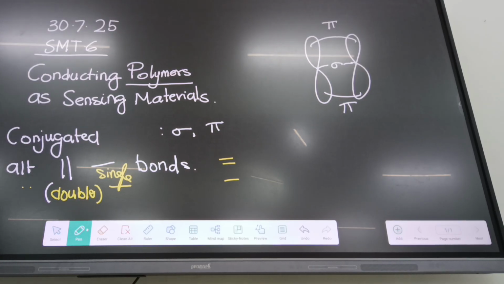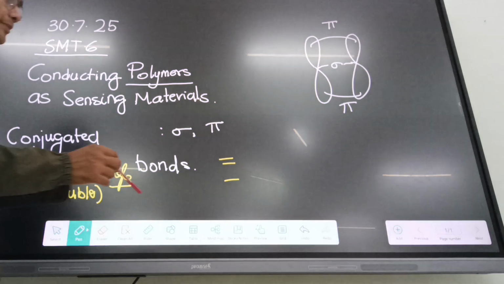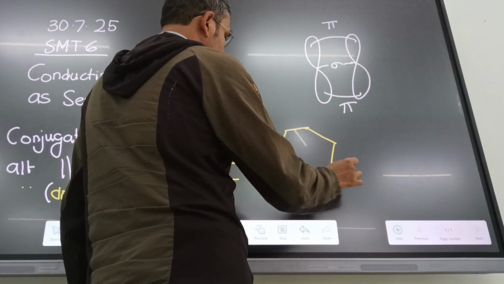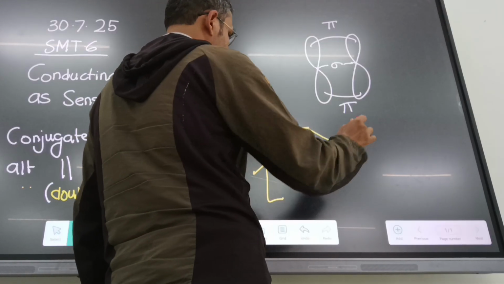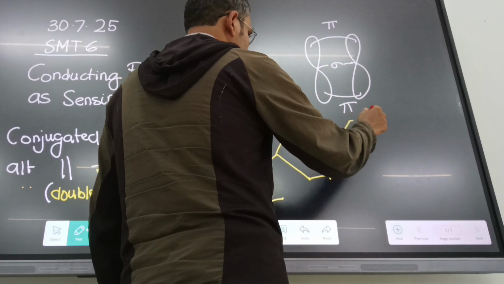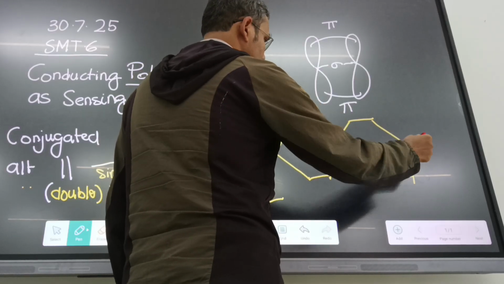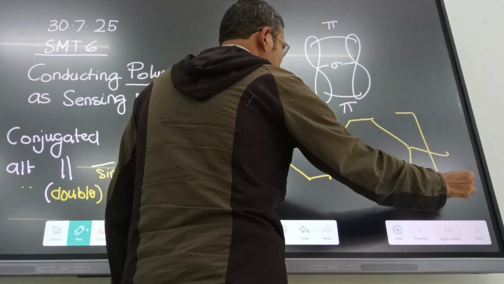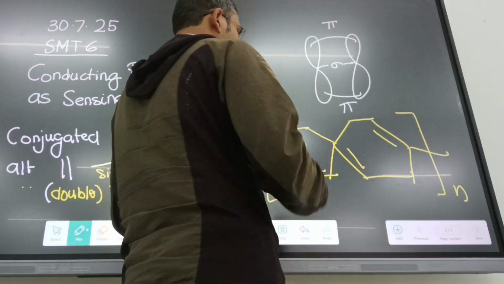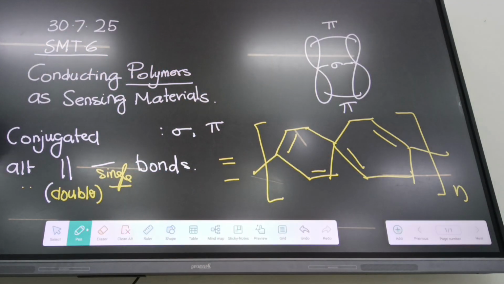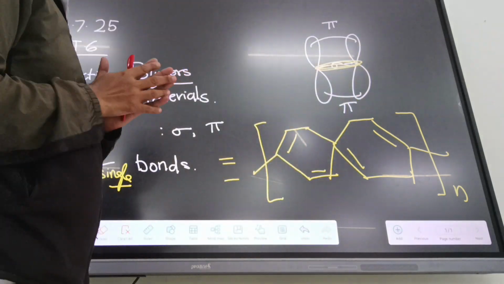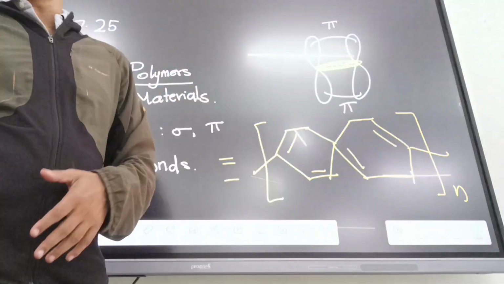Okay, double and single, it's like this, a polymer with double bonds and single bonds. So in the center you have a strong sigma bond, but overall there will be a pi bond.